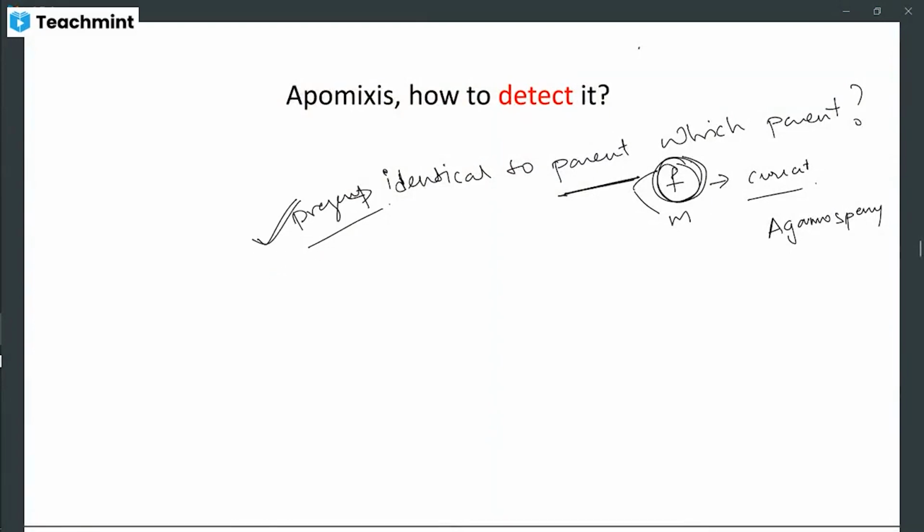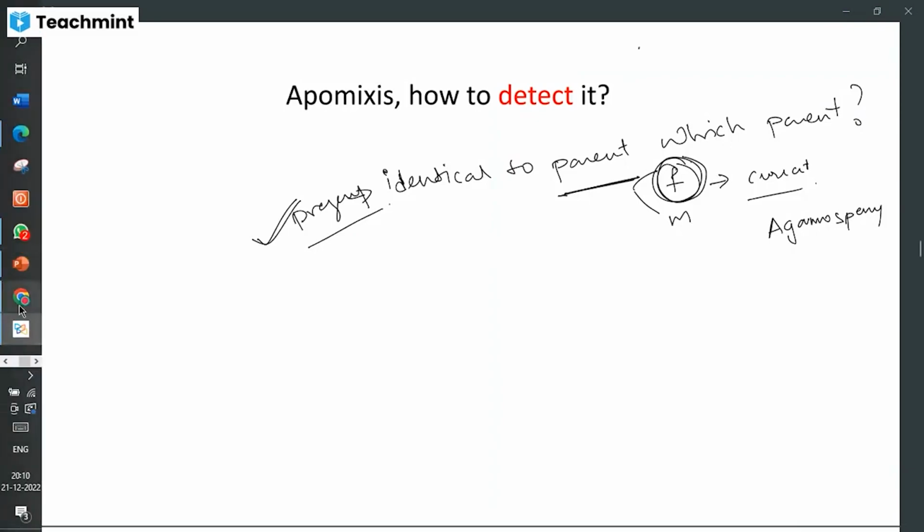And what will be any other points to note? How will you detect apomixis in crop plants? See, the other condition is polyembryony. What do you mean by polyembryony?